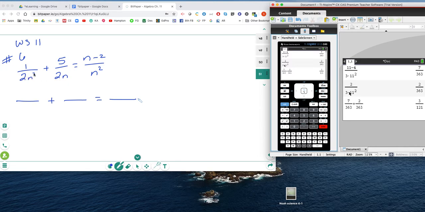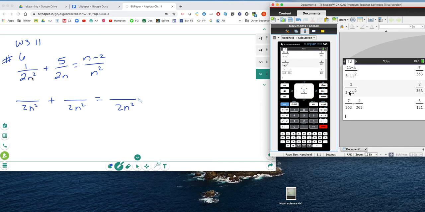So we have an n squared, an n, and an n squared. Remember, we need the variable with the largest exponent, so that's going to be n squared, n squared, n squared. Then we're going to find the least common multiple of 2, 2, and 1, which is going to be 2, 2, and 2.